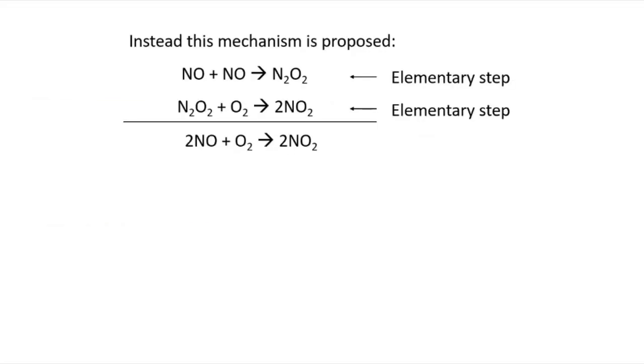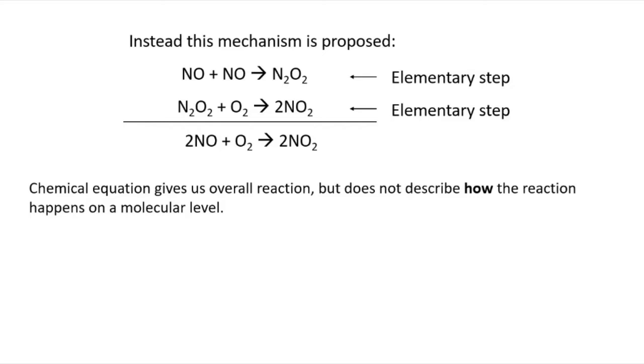So let's instead propose that what actually happens in this reaction is that the two NO molecules collide with each other to make N2O2, and then N2O2 collides with an O2 molecule to make the two NO2s. The balanced chemical equation gives us the overall reaction, but it doesn't necessarily describe how the reaction occurs on the molecular level, what collisions actually happen.